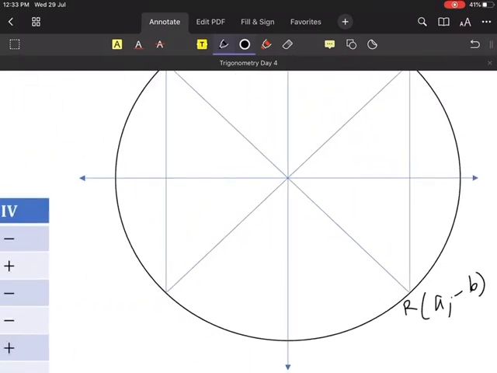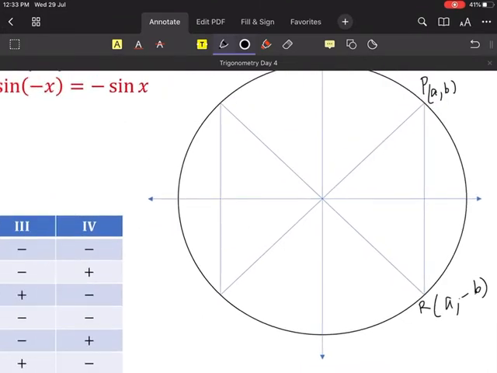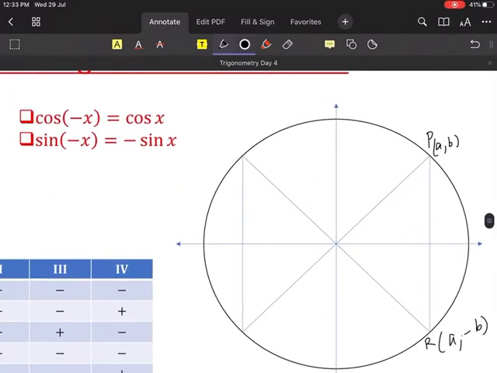So now let's start this discussion. Here they are talking about cos of minus x. They are talking about the angle that is minus x.